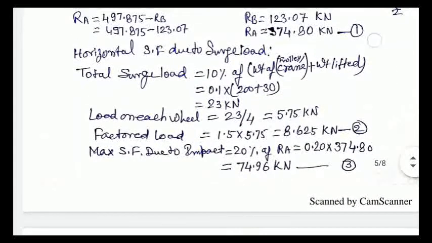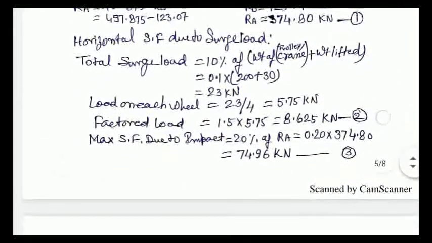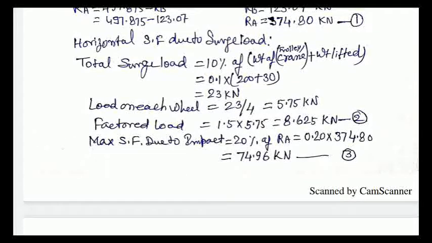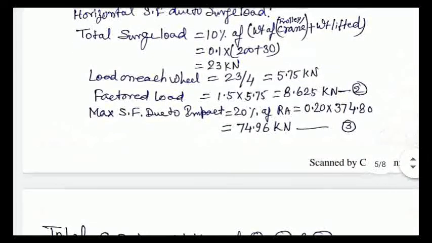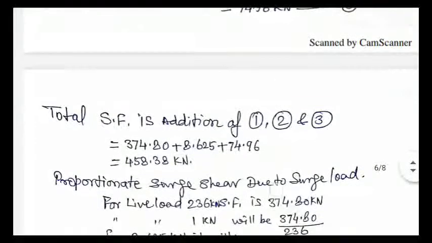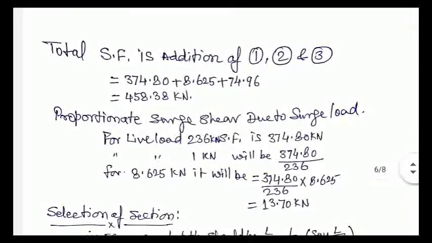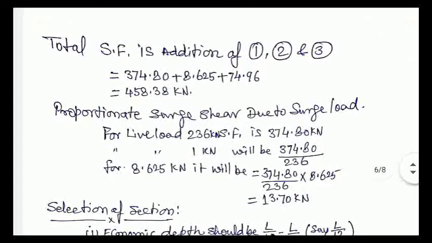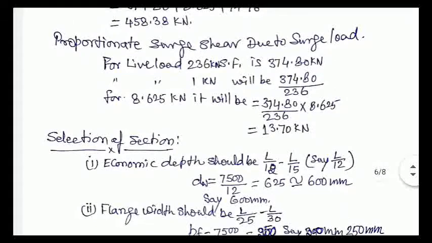First the RA reaction, then second the factored load 8.625, and then third due to impact 74.96. So the total shear force is the addition of 1, 2 and 3. On addition we get 458.38 kilonewton as shear force.